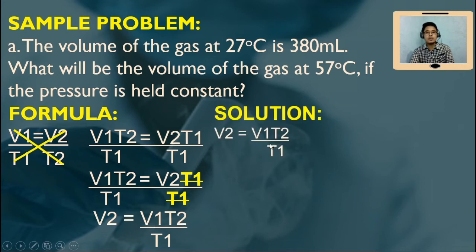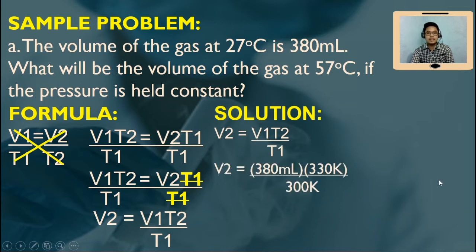And next, for the solution, so just copy our formula for the final volume. Wherein ito yun, V2 is equal to V1 T2 over T1, and then next is substitute natin yung mga nasa given kanina, which is ang ating V1 is 380 milliliters, ang ating T2 is 330 Kelvin, and then our T1 is 300 Kelvin. Next, perform indicated operation.